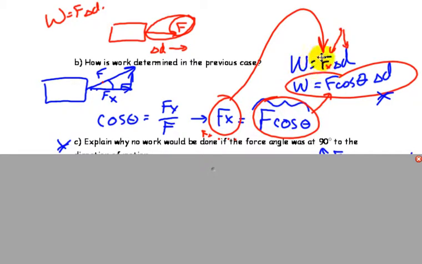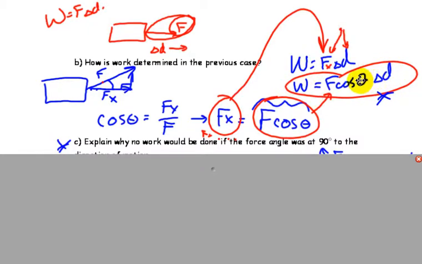Work is equal to the force that operates parallel to delta d, which is Fx. Fx can be found as the actual applied force in the question times the cos of theta, times delta d. So you could actually use this equation.